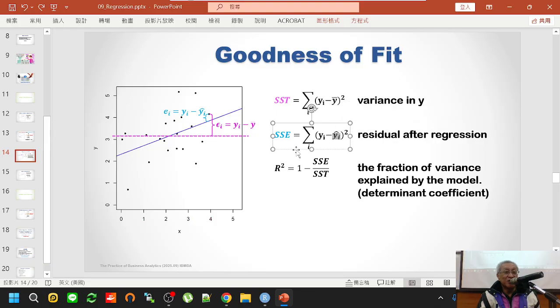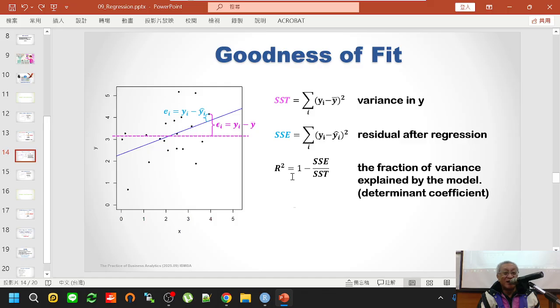And if the model is good, then this sum of square error is very low. Ideally, if they have no error at all, then this will become zero. And if the model is pretty bad, then this sum of squares is actually very large, right?